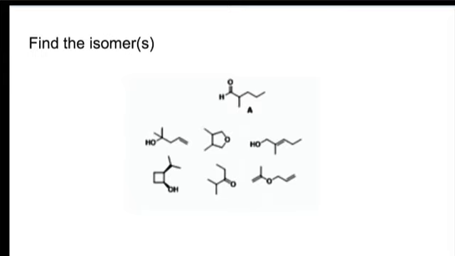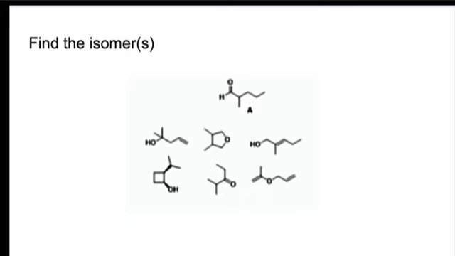The last type of question that you might be asked is to take a compound A and find the isomers of A. We're looking for a compound that has the same number of carbons and oxygens, but connected in a unique way. It's a constitutional isomer. A lot of times the functional group is going to change, and a shortcut here is counting units of unsaturation.